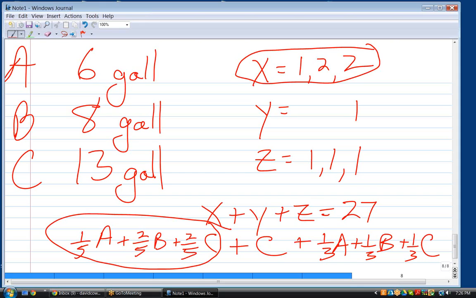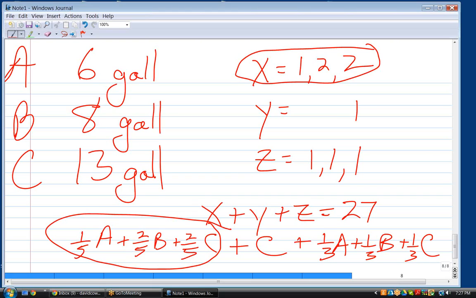Now, if I add those all together to get 27, I've got one equation and 3 variables. I can come up with another equation that says A plus B plus C is 27. Hold on here. Let's see.